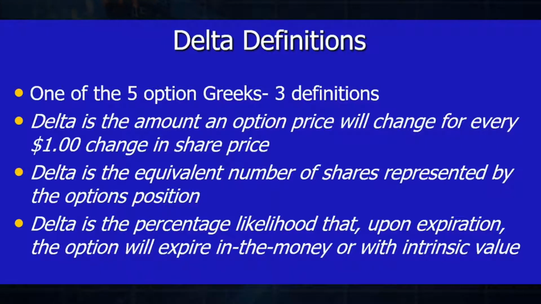So if they're long a stock, which has a delta of 1, as all stocks do, then they might sell two options that have a delta of 0.5, and so they're +1 and then -1, and therefore they have a delta neutral position. Of course, options are 100 share increments, so you have to keep that in mind too. But that's the second definition or approach to delta, the equivalent number of shares to the option position.